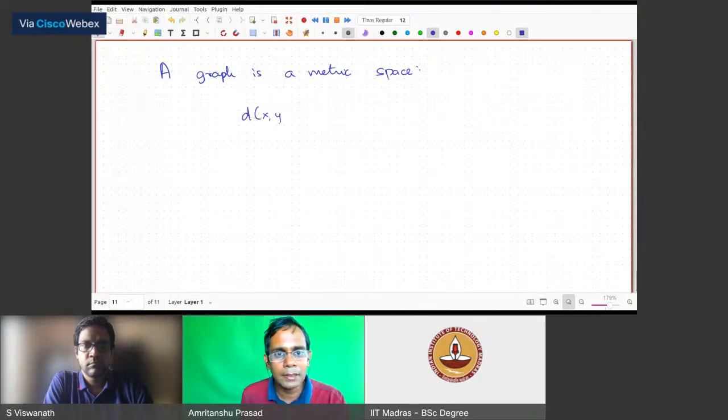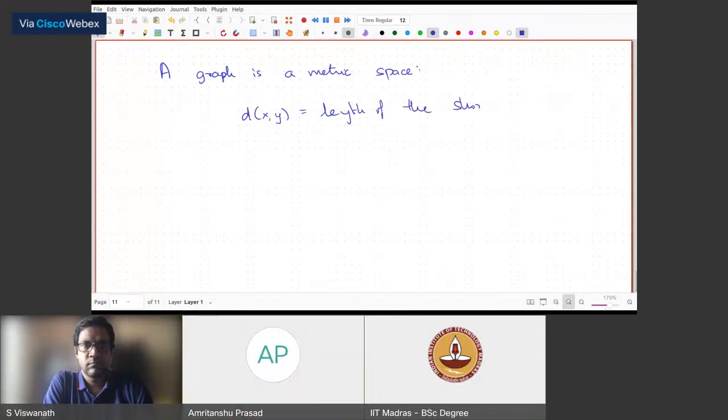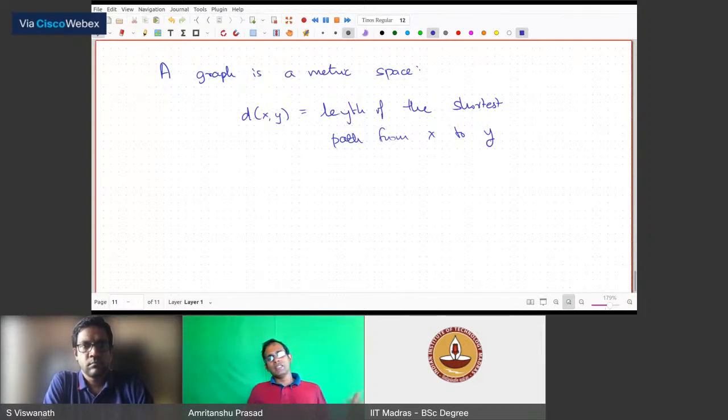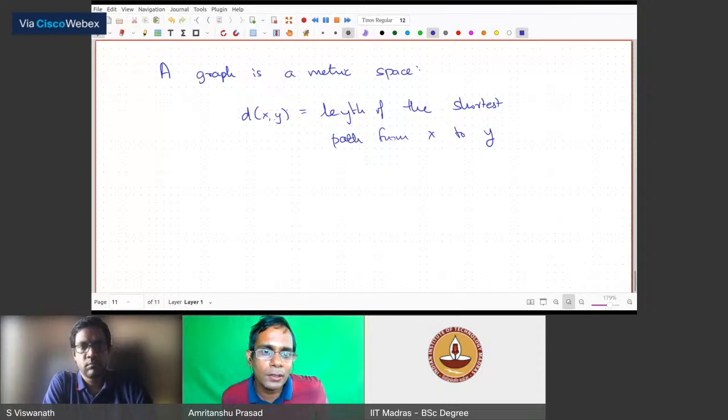The distance between x and y is the length of the shortest path from x to y. That is the minimum number of edges that you need to traverse to move from x to y in the graph. And that has all the properties of a metric.